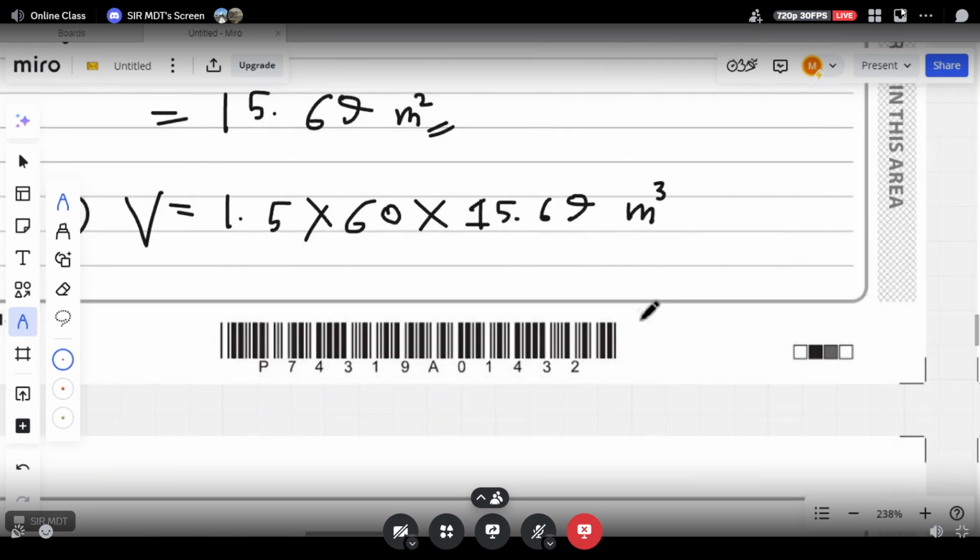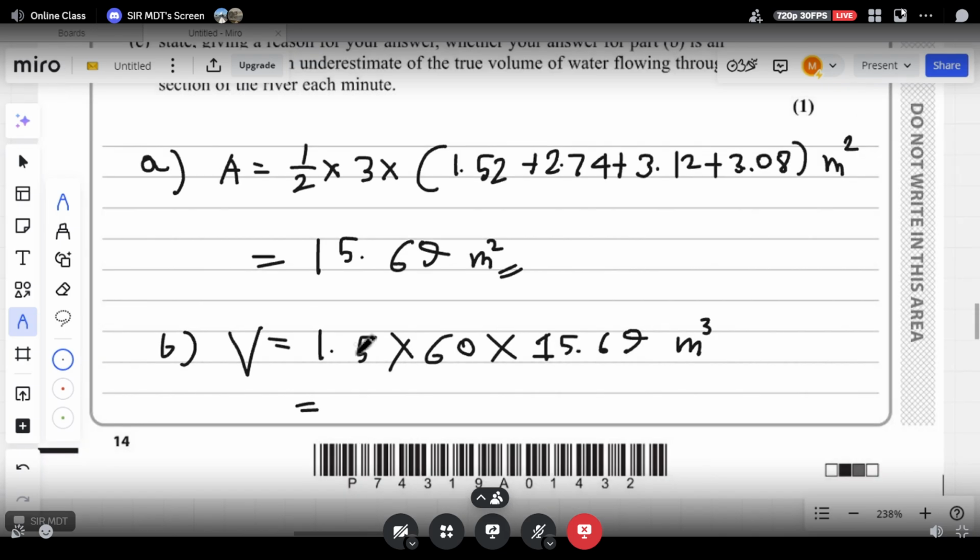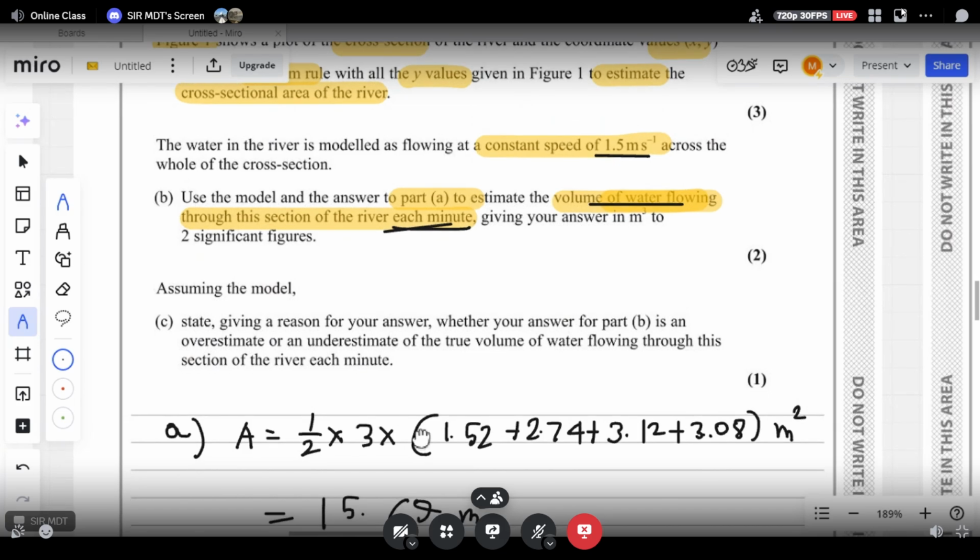In 1 minute, how much will be flowing through? So the value is 15.69 times 60 times 1.5. This is 1412.1. They wanted how many significant figures? 2 significant figures.